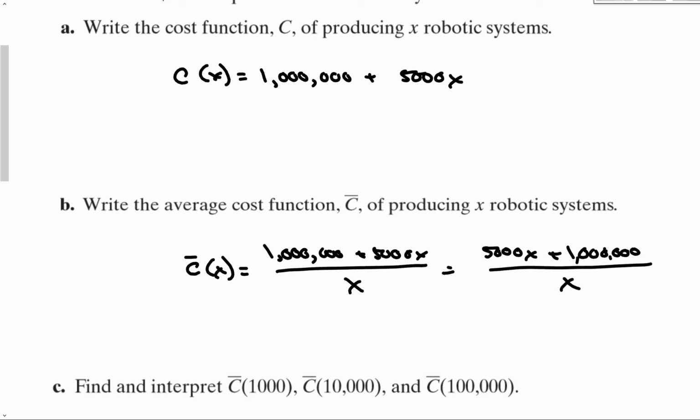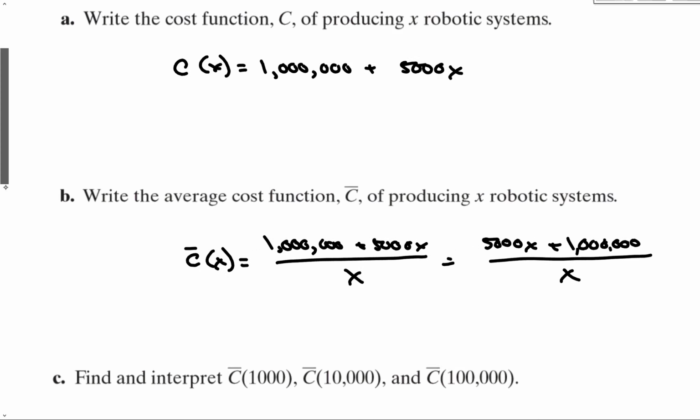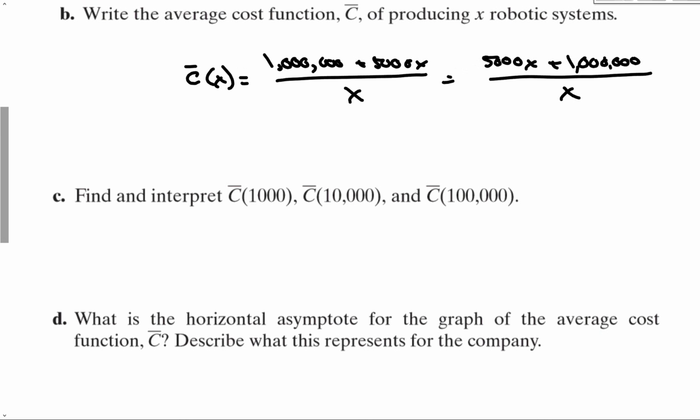Okay. Find and interpret C average of 1,000, C average of 10,000, C average of 100,000. Well, now we're just plugging stuff in. So if we take C bar of 1,000, we just plug 1,000 into my function right here.